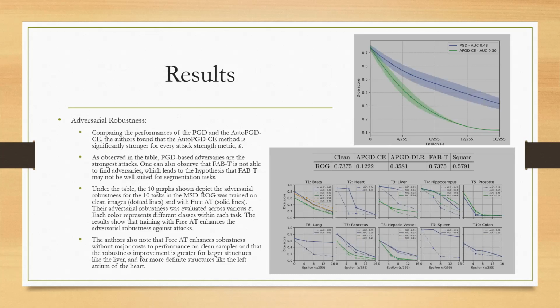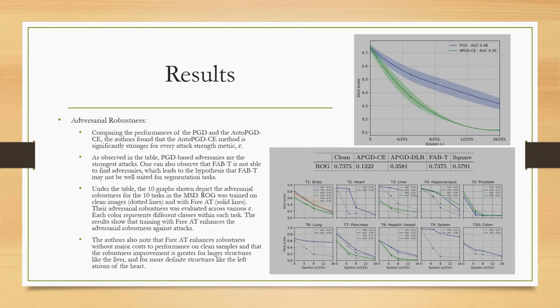Okay, so for the results of the experimentation, for the first part, the adversarial robustness assessment, the authors found that when comparing the performance of the PGD and the auto PGD cross entropy methods, the second one, the auto PGD cross entropy method, performed a lot better for every attack strength specified.